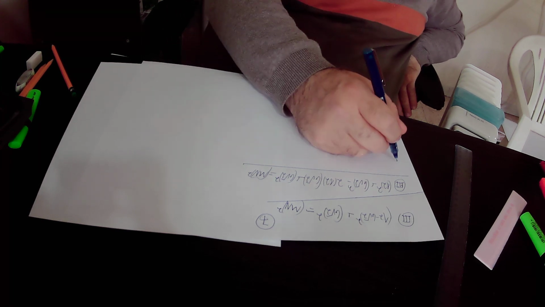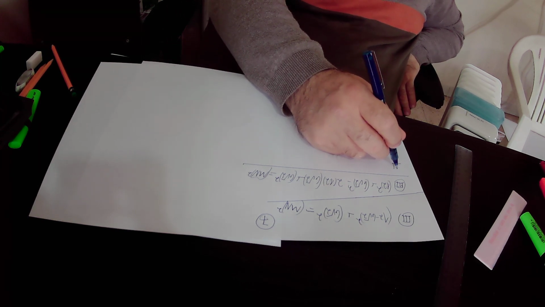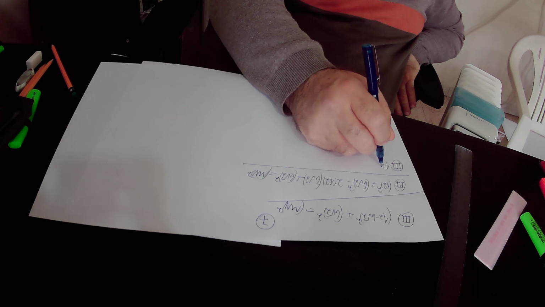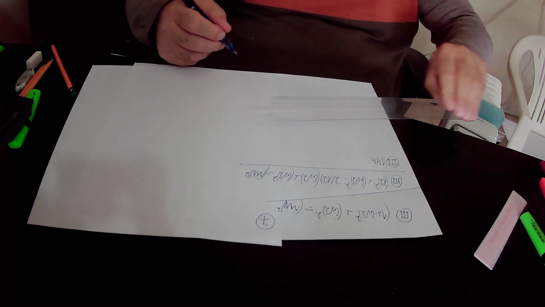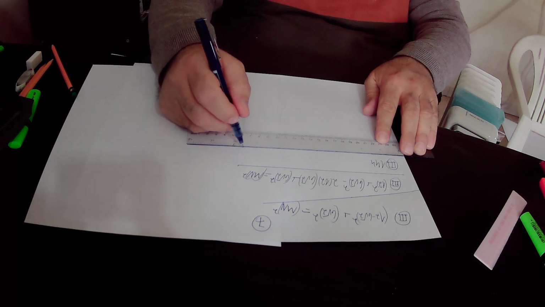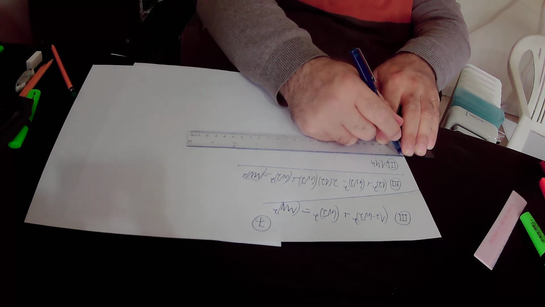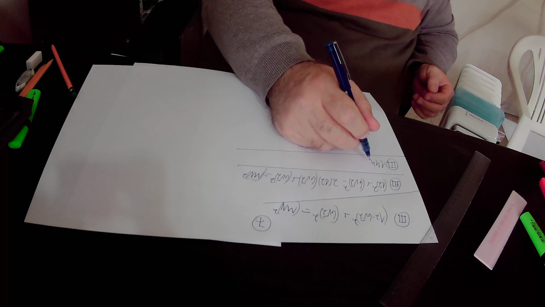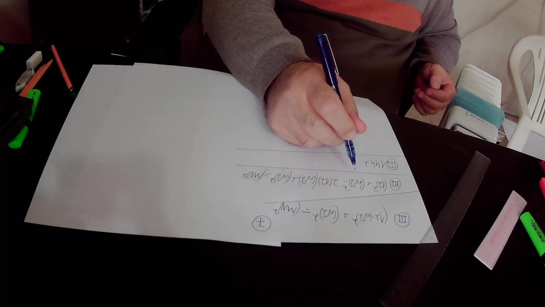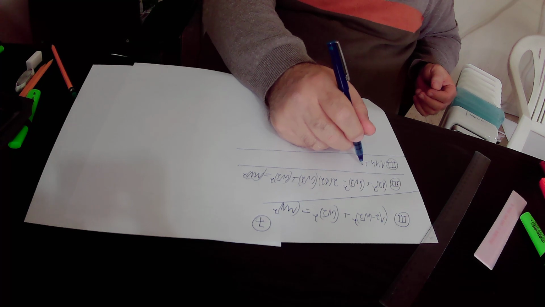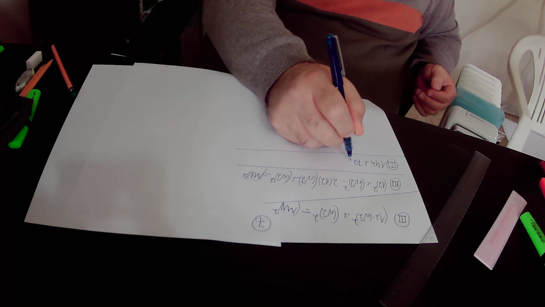Twelve square is 144. 6 times square root of 2 square is 6 square, which is 36, times square root of 2 square, that is 2. 36 times 2 is 72.